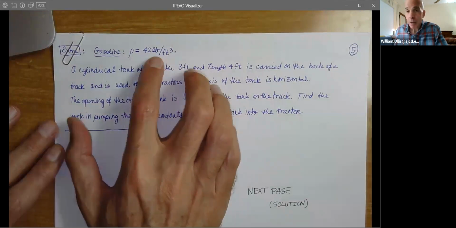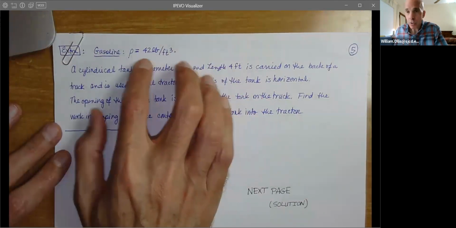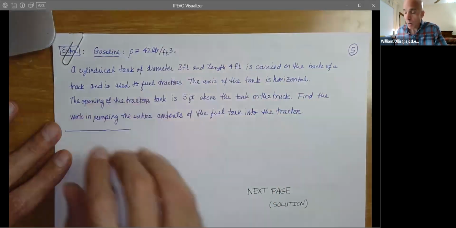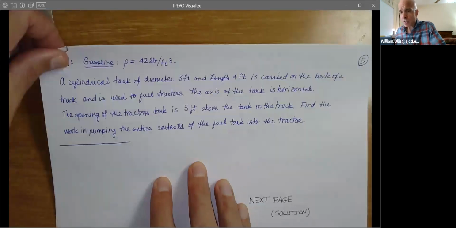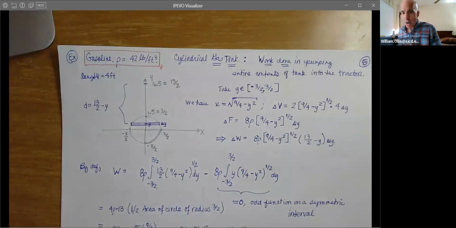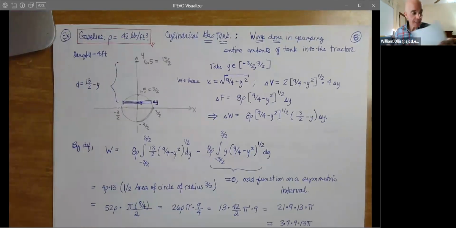So again, we're not stuck with water. We can move around any liquid of any weight density. So I wanted to show you this, and you can find this in the lecture notes. This problem is done the same way. And I just wanted to summarize this as the last problem.